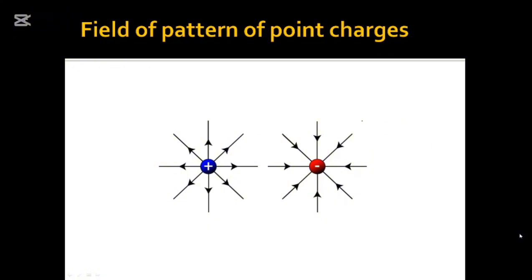While if you look at the negative charge, you will notice that all of them are going in. Just like your sink, they are moving into the negative charge. So the positive charge serves as a source, generating them, while the negative charge acts as the sink, receiving them.